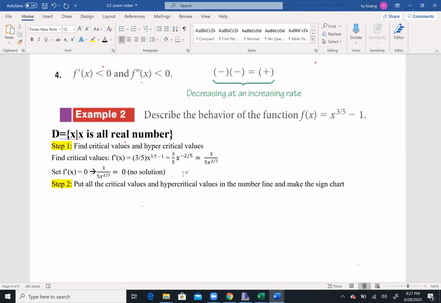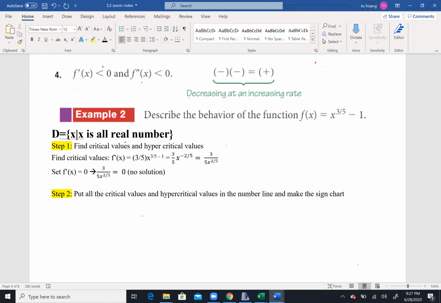So maybe you will think, is there any critical value here? Actually, there's another thing you have to consider. If it is a fraction, you have to consider if the bottom equals 0, which is the undefined case. So f prime of x is undefined when the bottom equals 0.